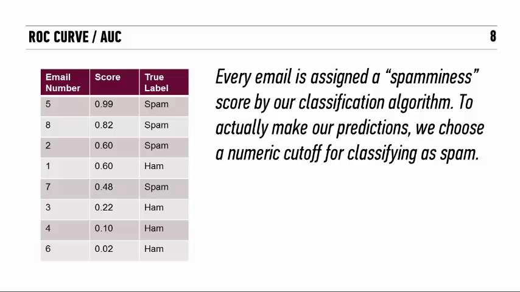So let me just give you briefly the motivation for it, because it's sort of complex. It takes a while to digest. The motivation for the ROC curve is that, one, it's not sensitive to class. It's not biased by class imbalance. So it takes into account when you have a class imbalance.